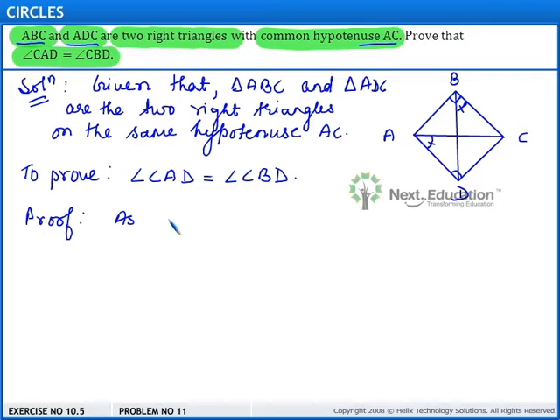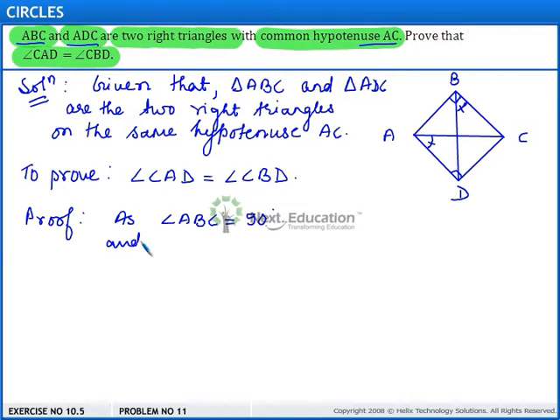Now, as angle ABC is equal to 90 degrees and angle ADC is equal to 90 degrees, this is given.